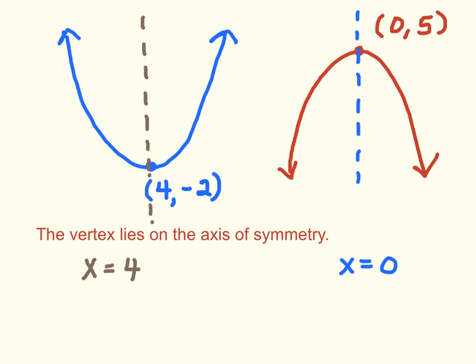There's also an equation for finding the axis of symmetry. If you aren't able to graph it, you can use the equation x is equal to the opposite of b over 2a.